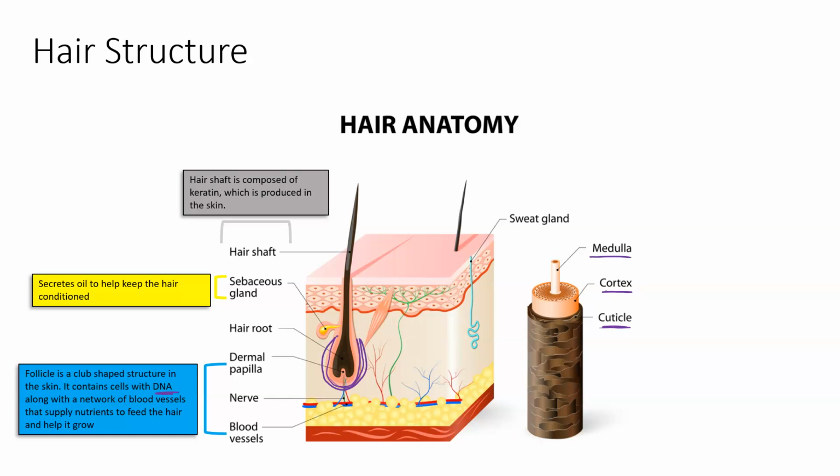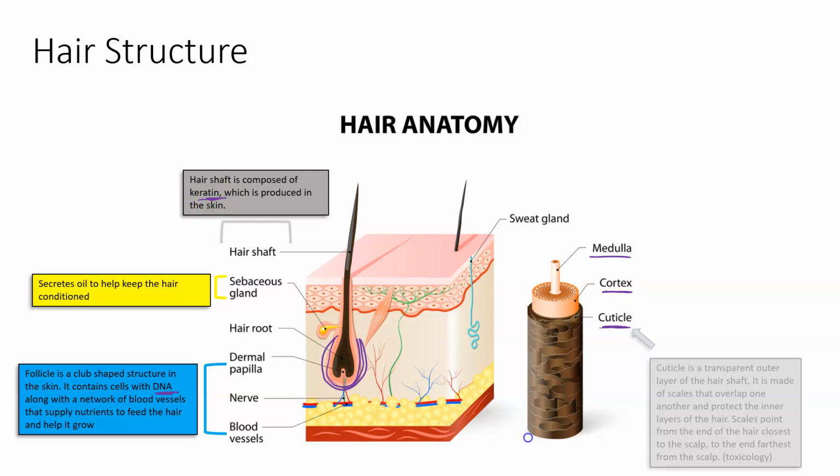The hair shaft is composed of keratin. It's produced in the skin. Keratin is a protein. The cuticle, like I said before, is a transparent outer layer of the hair shaft. It's made of scales that overlap one another and protect the inner layers of the hair. Scales point from the end of the hair closest to the scalp to the end farthest from the scalp.